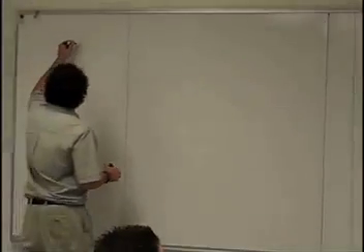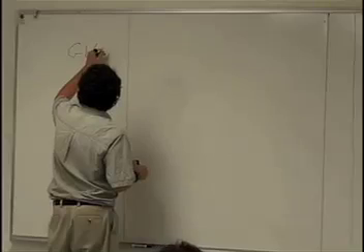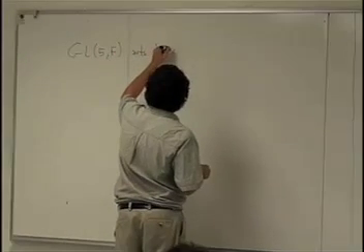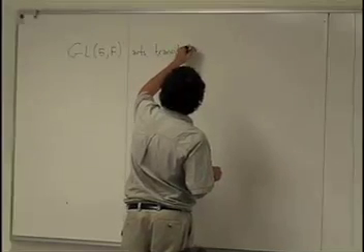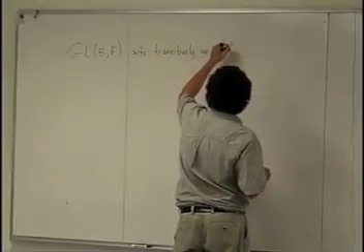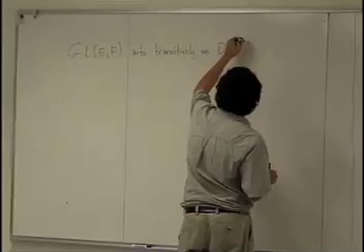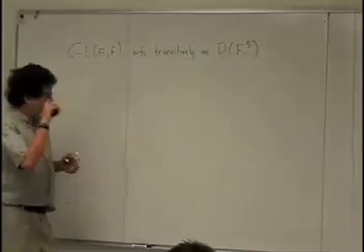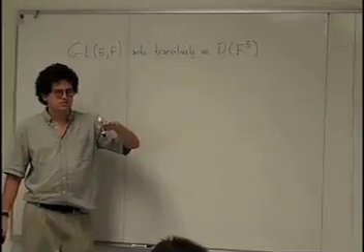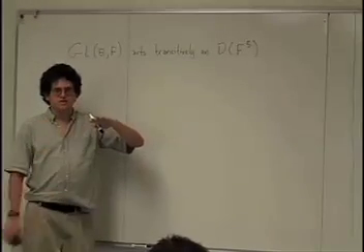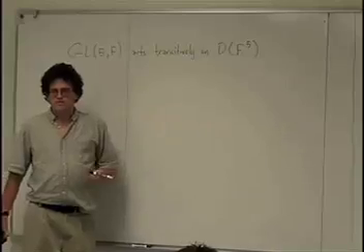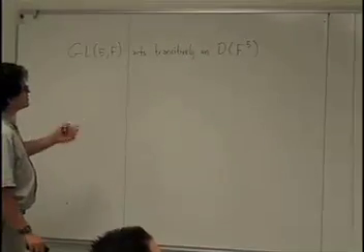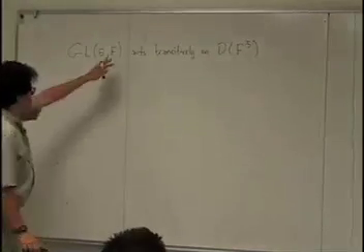So GL5(F) acts transitively on the set of all two-dimensional subspaces of F5. That's what our flags are in this case. That's easy to see: I have some 2D subspace, I can take a basis for it, and there will be some linear transformation that will map that over to any other independent pair of vectors, and so to any other 2D subspace.